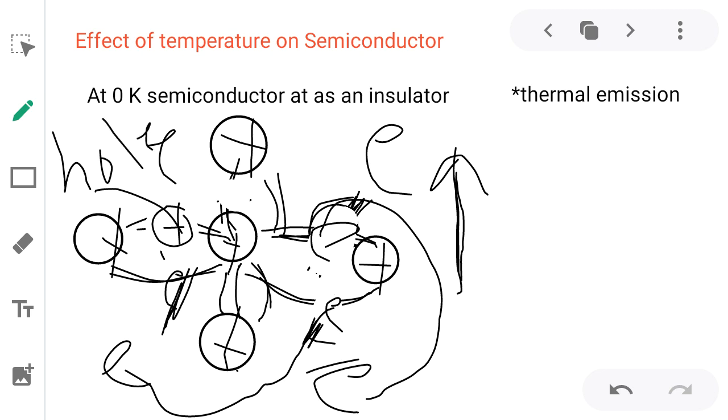Now, this hole indicates the positive charge created by the breakage of a covalent bond by an electron. From this, an electron hole pair is created.